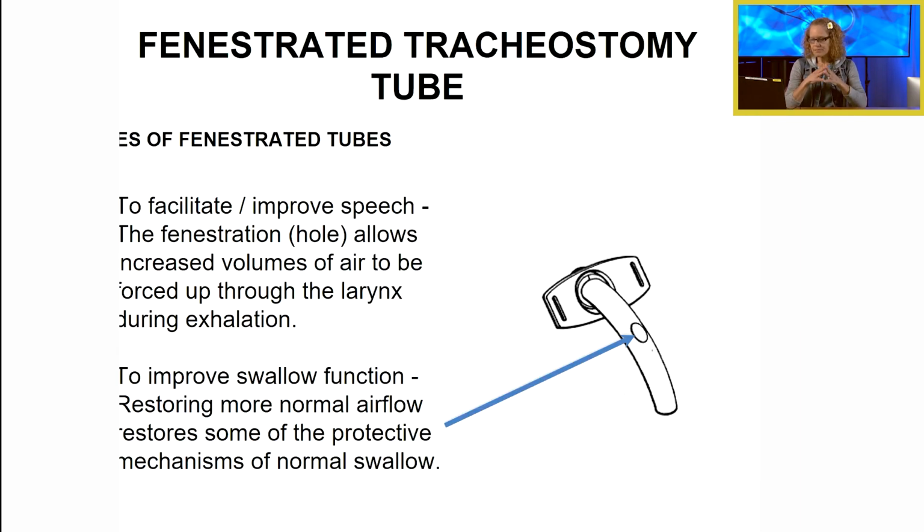Okay? So we talked a little bit before about the fenestrated tubes. It helps facilitate and improve speech. The hole allows an increase in volumes of air to be forced up through the larynx during exhalation. It also helps improve swallowing function, restoring a more normal airflow, and restoring some of the protective mechanisms of the normal swallow.